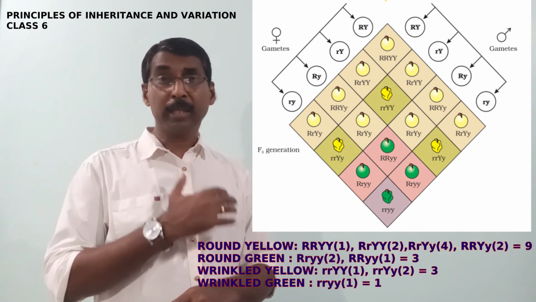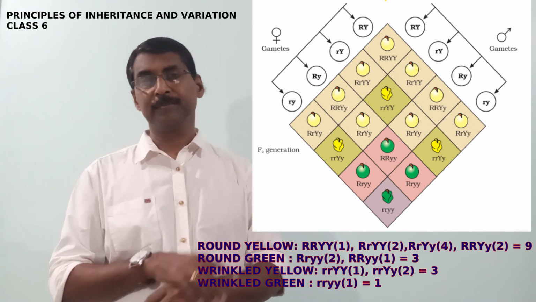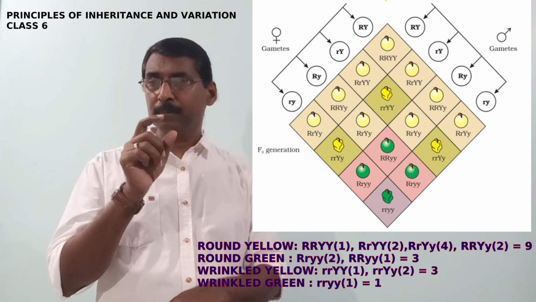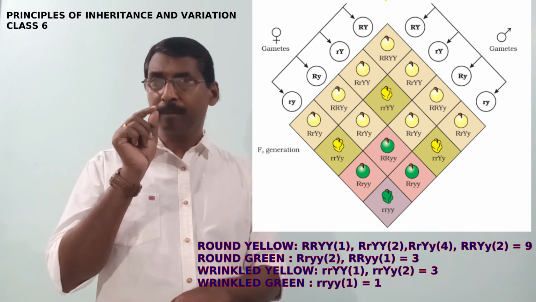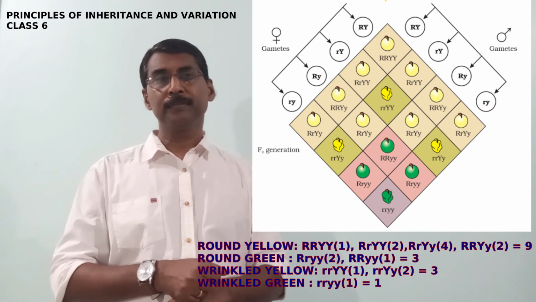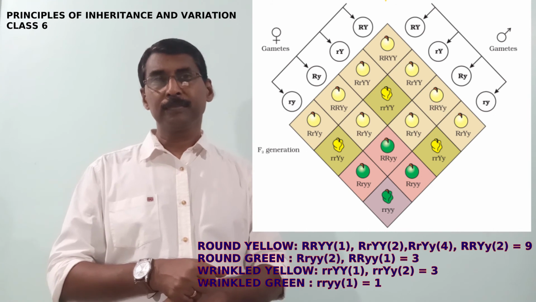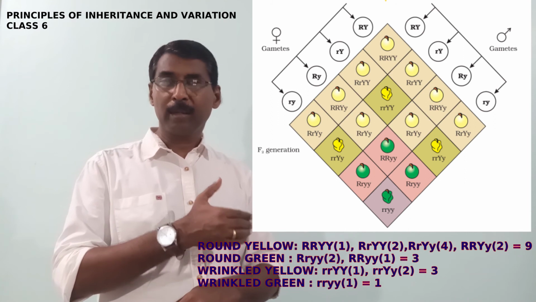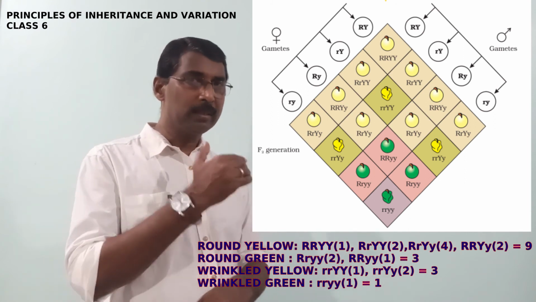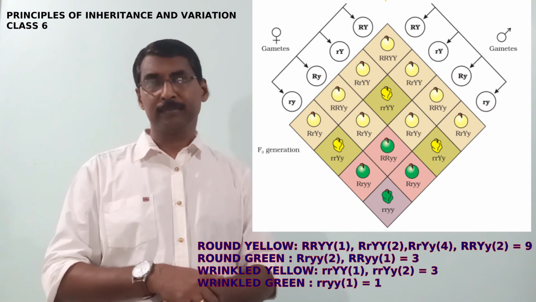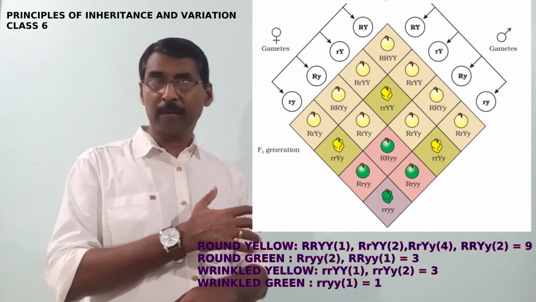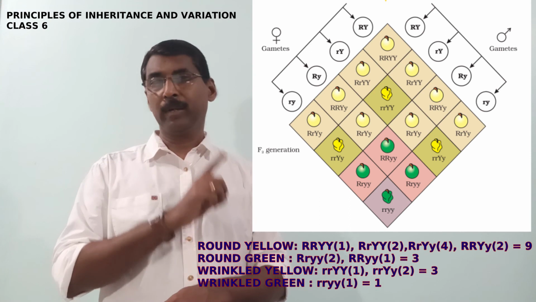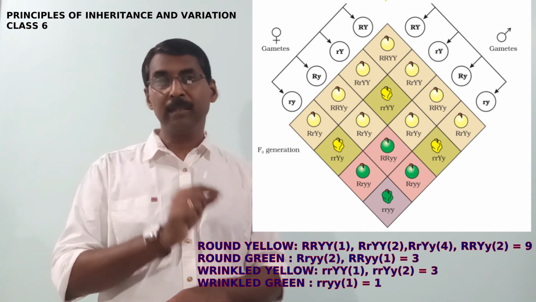How many types of plants are there? 9 plants are round yellow, 3 plants are round green, 3 plants are wrinkled yellow, and 1 plant is wrinkled green.